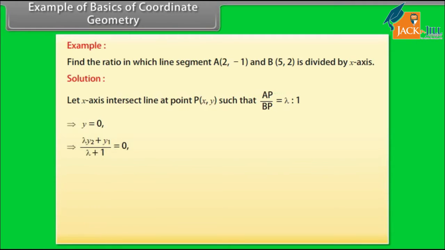It implies (lambda y2 plus y1) divided by (lambda plus 1) is equal to 0. It implies (2 lambda plus minus 1) by (lambda plus 1) is equal to 0. It implies lambda is equal to 1 by 2. It implies AP by BP is equal to 1 by 2, that is, 1:2.